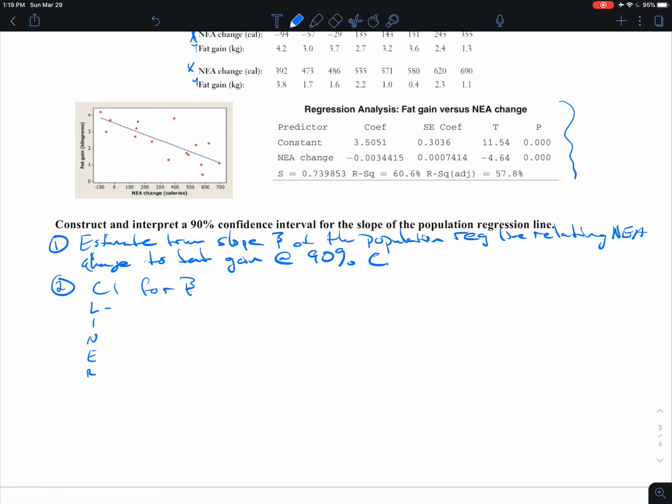For linear, looking at the scatter plot, we're reasonably comfortable that this is a linear pattern. So linear according to the scatter plot. Now you'd want ideally to take a look at the residual plot, because you're going to need it anyway for the other checks.